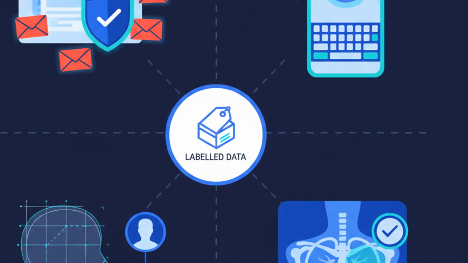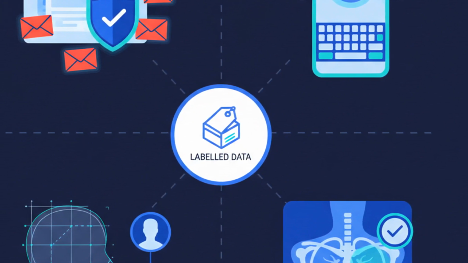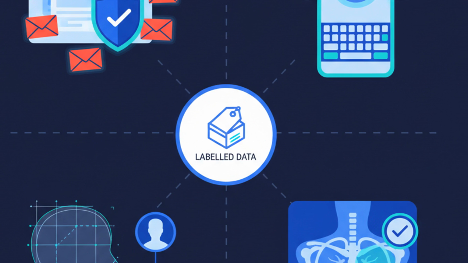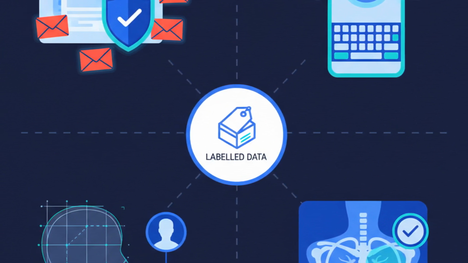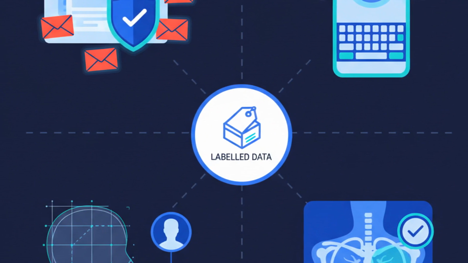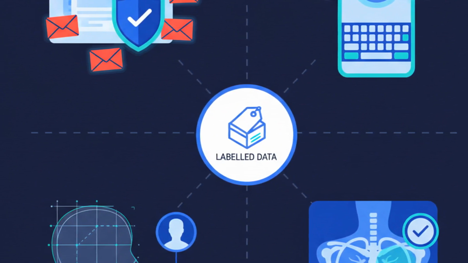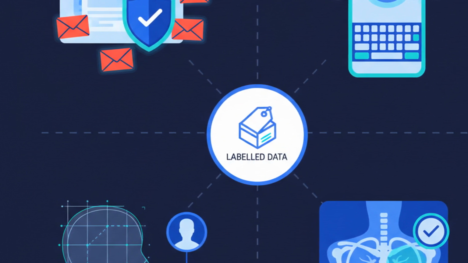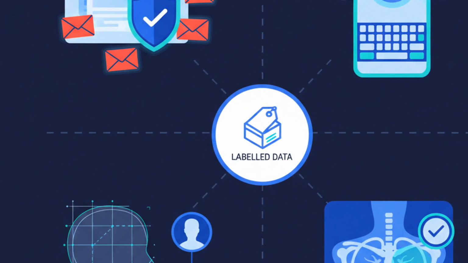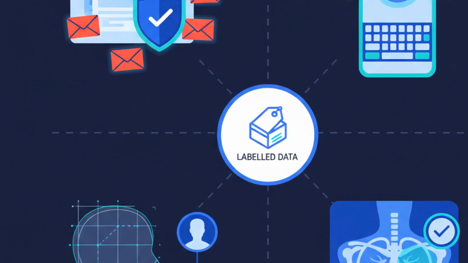Face recognition, trained on labeled photos. This face belongs to this person. Even medical diagnosis AI learns from X-rays that doctors have already labeled as tumor or healthy. The common thread is always the same: labeled training data where the right answer is provided upfront.